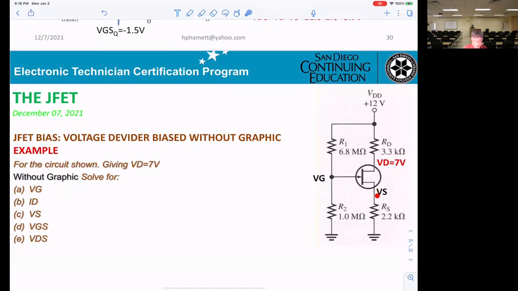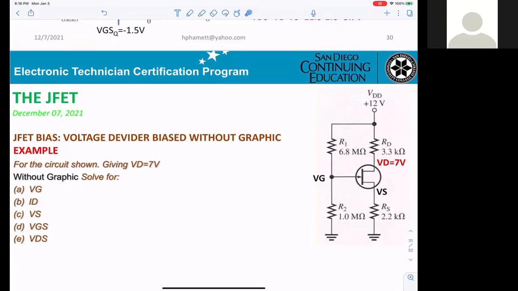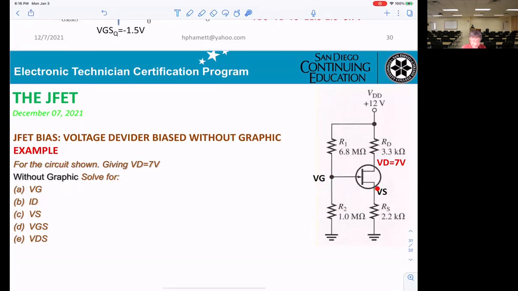VS, how do I calculate the VS? Voltage divider. What? I want to calculate the VS. You see that in here. First thing, VG, using voltage divider: VDD times R2 divided by R1 plus R2.